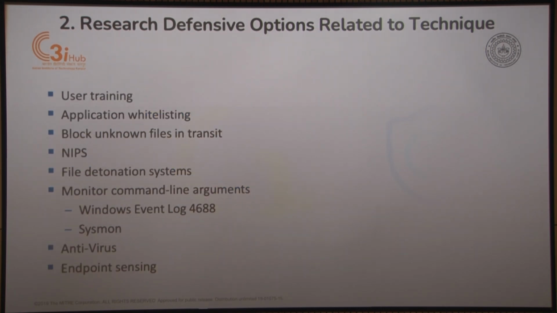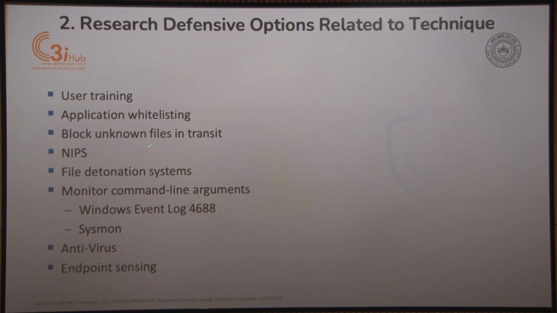Okay. So, for our case which we started with, user execution, once we go through all the defensive options which we just saw, we list out this set of defensive options we can implement. The first one is user training, which is obvious for the spear phishing and user execution case.